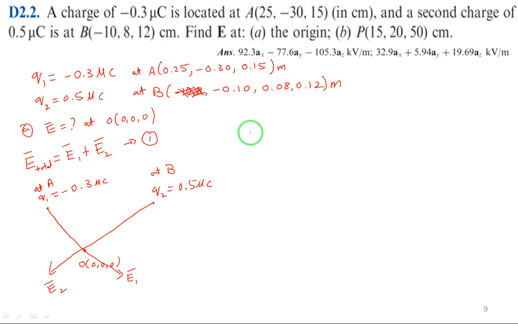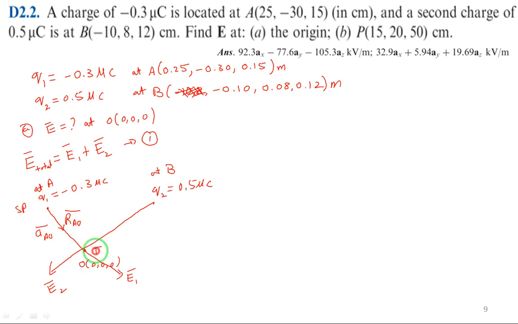Next, we have to find out what E1 is. Let me take the help of the notation. I have taken this origin as O. Let me write the distance vector as RAO, from A to O. Even though one of the points is the origin, I am still writing RAO as the distance vector, and the unit vector is A to O. This is always from source point to field point.